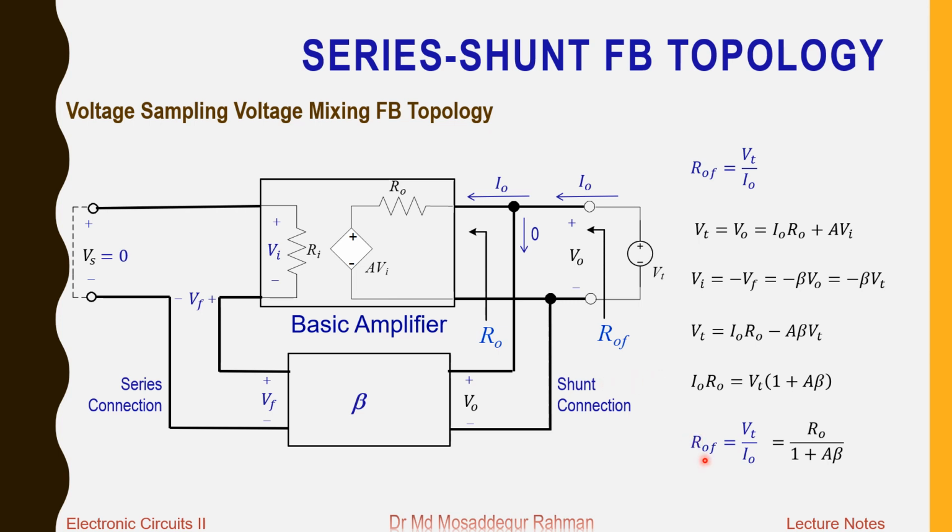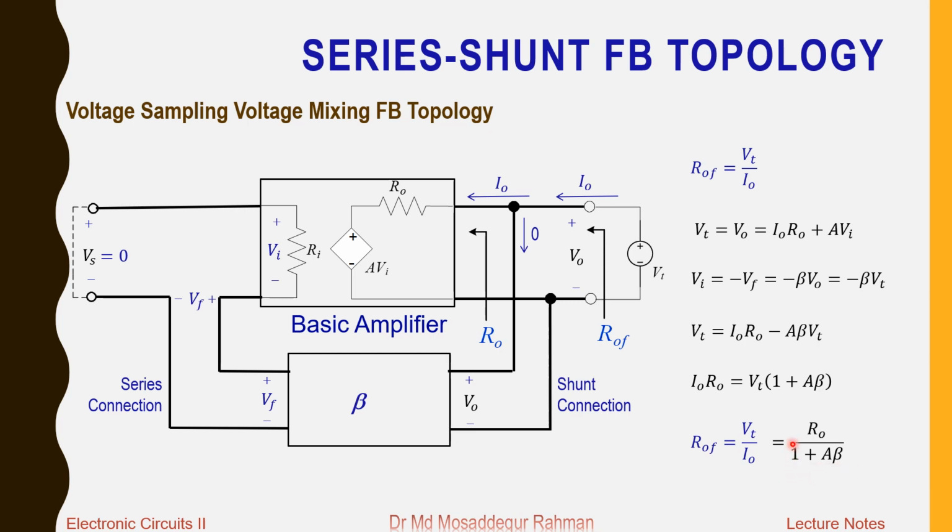And here you see that we're determining the resistance at the output side, and at the output side we have a shunt connection and we have a reduced resistance. So since the connection is shunt, it is reducing the resistance by the same factor 1 plus A beta.